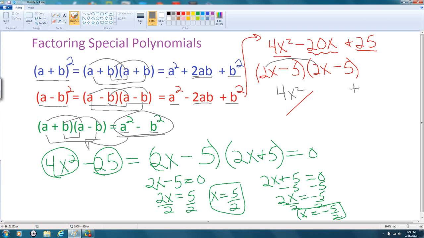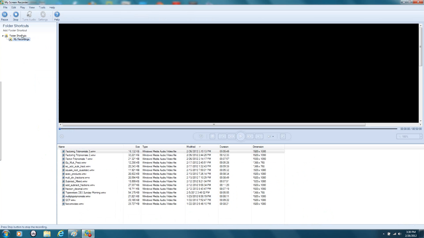We get plus 25 for our last term, negative times negative. And then we get negative 10x and another negative 10x, so that's minus 20x, and so that does check. So that shows you how easy it is to factor these types of special polynomials. And with that, we will stop this video.